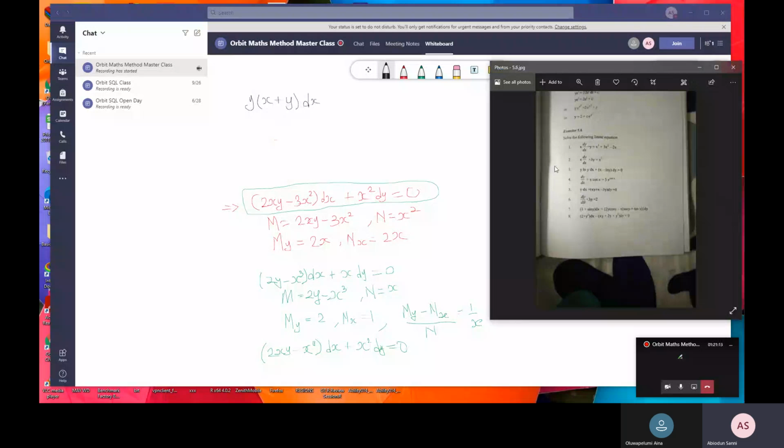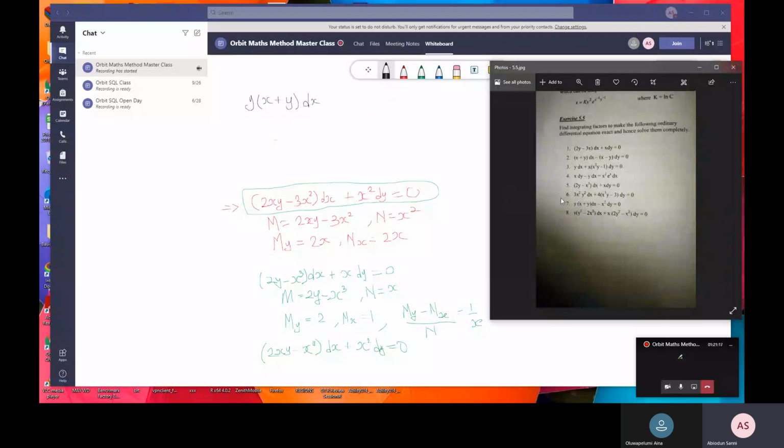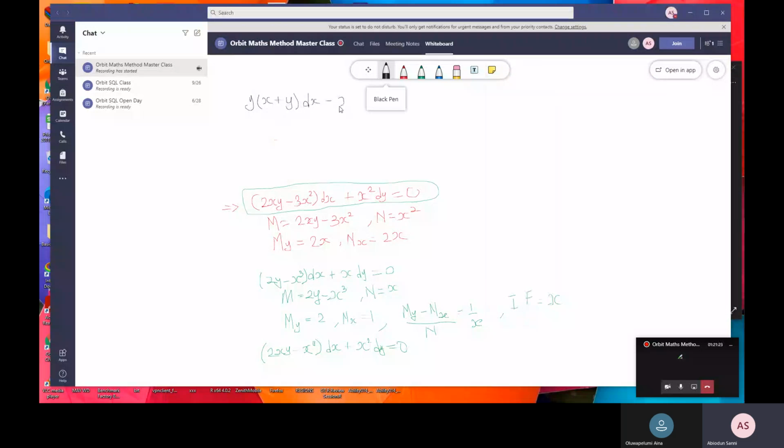Yeah. So y times (x plus y) dx minus x squared dy is equal to 0.